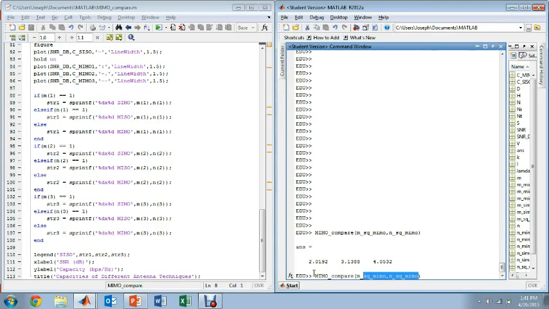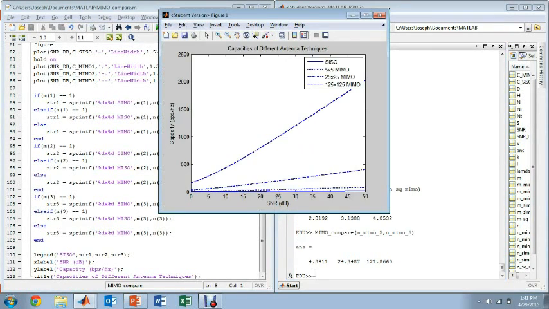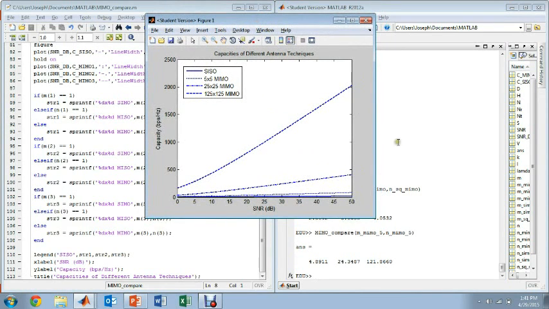Alright, and finally we'll take a look at a larger scale of square MIMO systems, just to get a better idea of how increasing the number of antennas really gives you a large increase in capacity very fast.